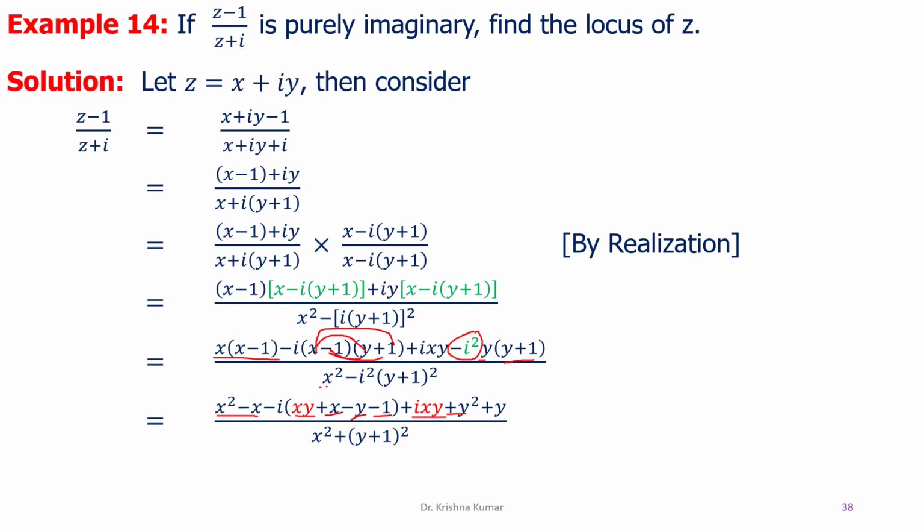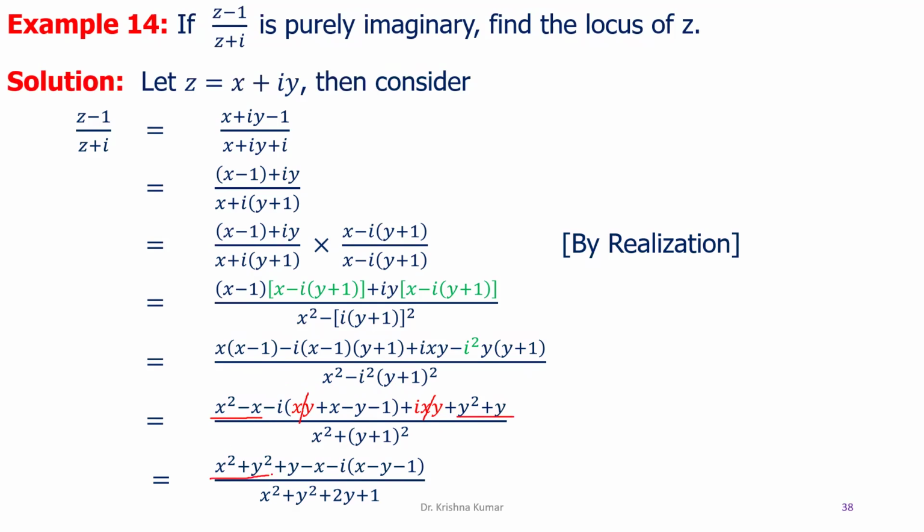And the denominator is again x square, and this i square is minus 1, so minus into minus becomes plus, into (y plus 1) whole square. Now here this minus i xy and this plus i xy both cancel. Now let us write down the real part first: x square minus x plus y square plus y. This is the real part.